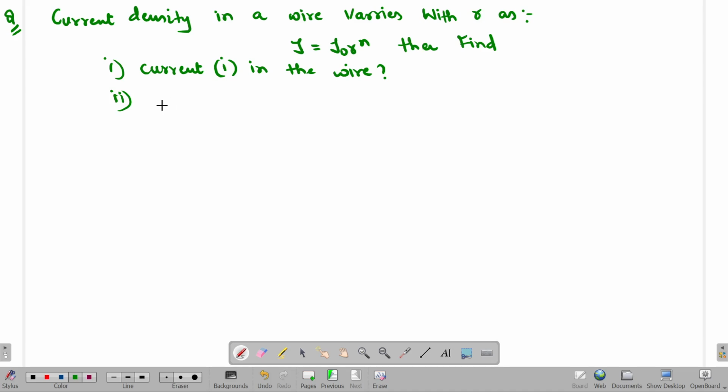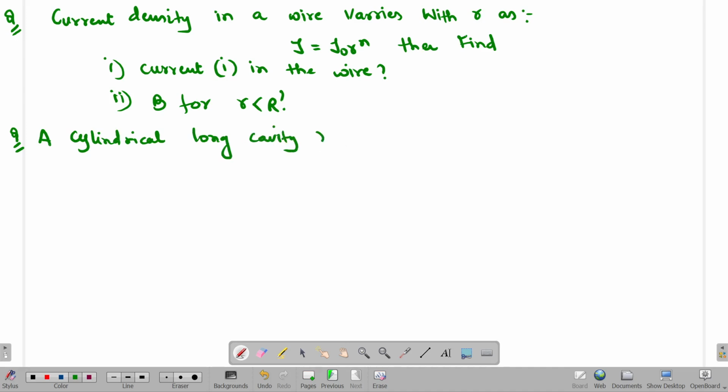Second, B, the magnetic field, for r less than capital R. Second question: a cylindrical long cavity of radius r less than capital R is made inside a current carrying wire.